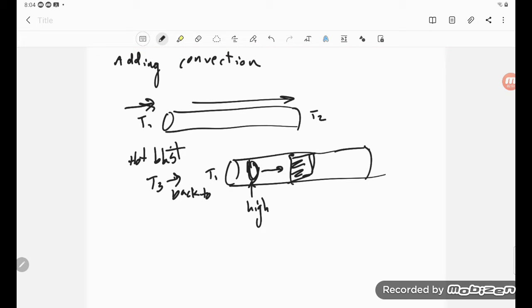So, how do we model this? In this case, the convection we tend to model as proportional to u sub x, or the space derivative.